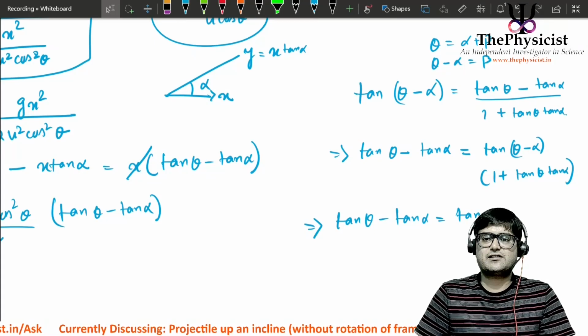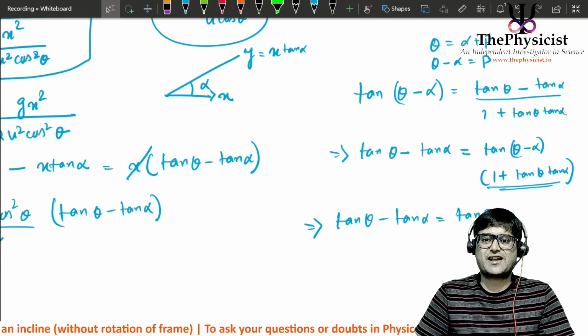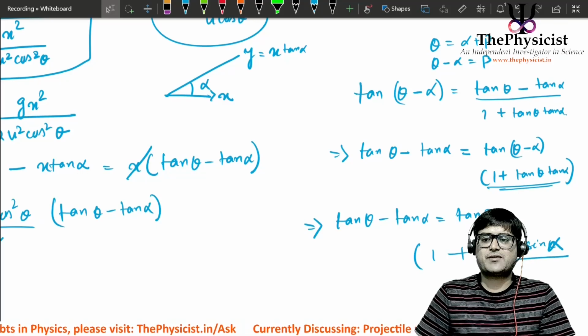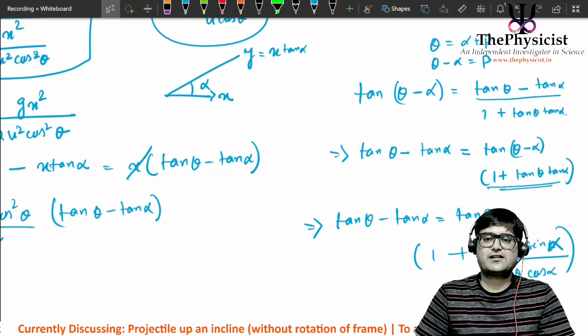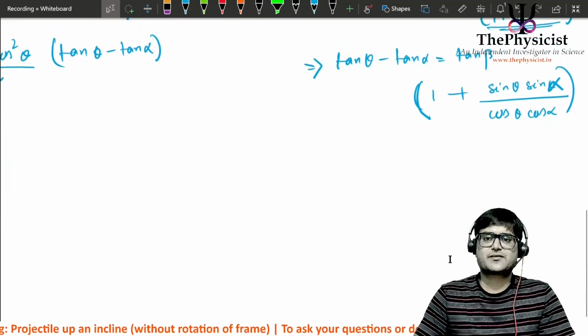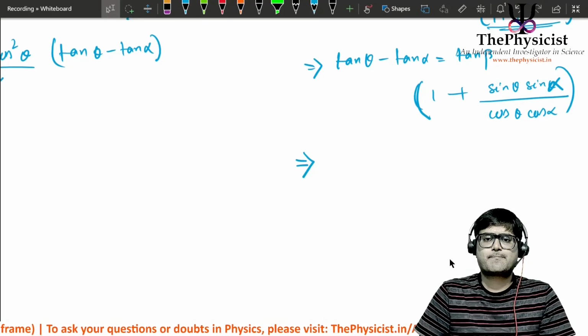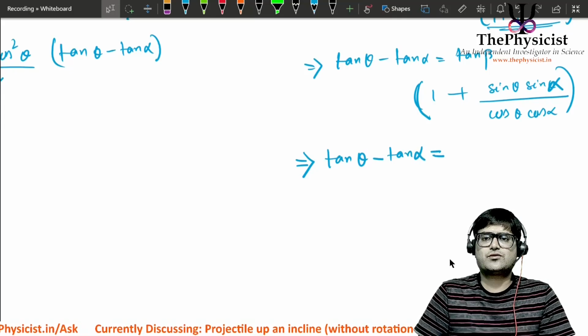So it's going to be tan beta. But again, this entire thing, 1 plus tan theta tan alpha, I can simply write as 1 plus sin theta sin alpha divided by cos theta cos alpha. The entire thing can be written like this. So tan theta minus tan alpha will be equal to tan beta.